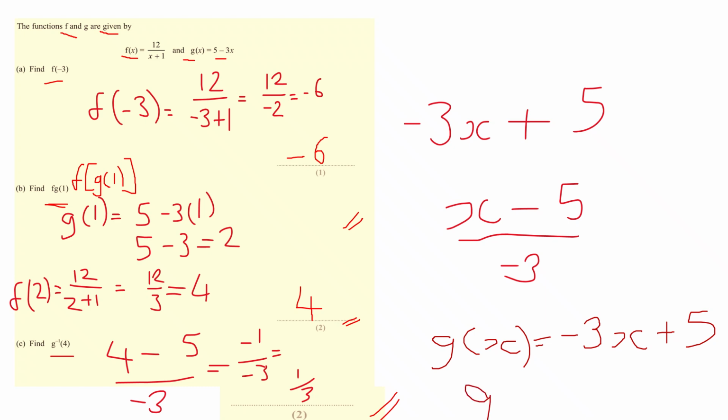So g inverse of x is equal to minus a third brackets x minus 5, or x minus 5 divided by minus 3. When we put in 4 into here, 4 minus 5 is minus 1, times it by minus a third makes positive 1 over 3, or positive a third.